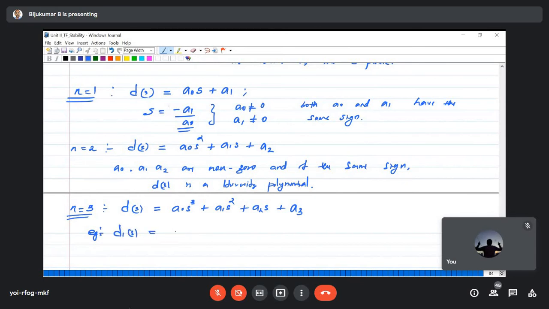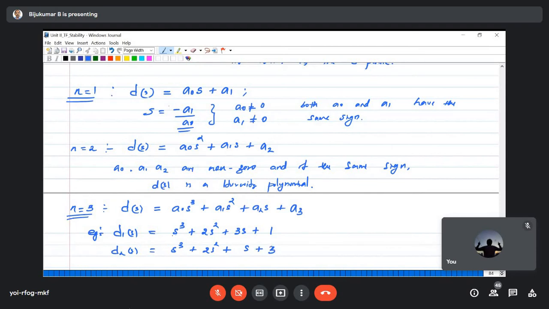First one is s cube plus 2 s square plus 3s plus 1. And another third order polynomial is s cube plus 2 s square plus s plus 3.